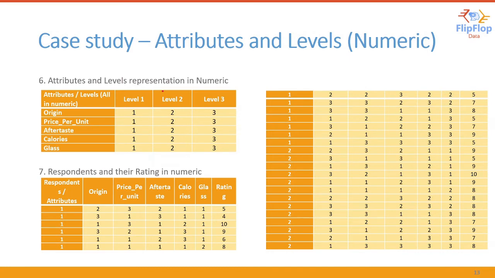So the next part is converting these attributes and levels into numeric representation, because this makes our computation easier. The correlation and linear regression need numeric data. So the same representation of respondents and their ratings has been given in numeric form.